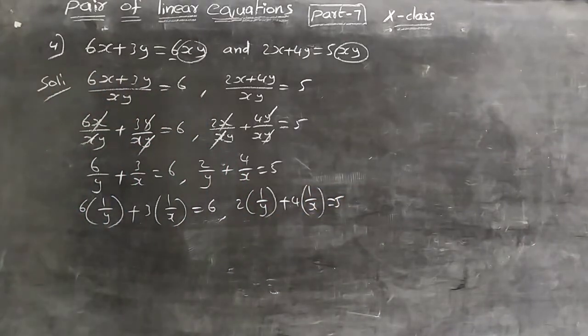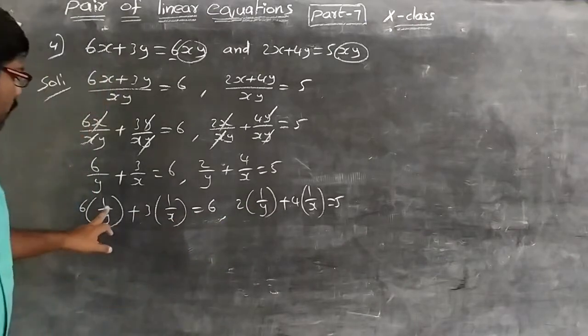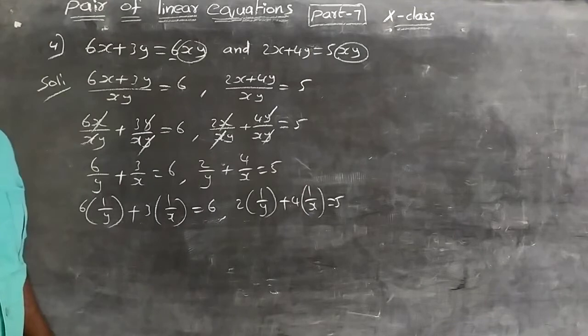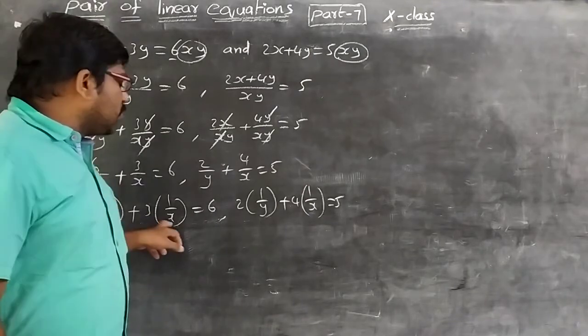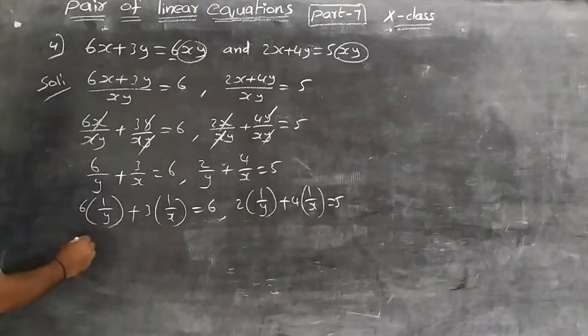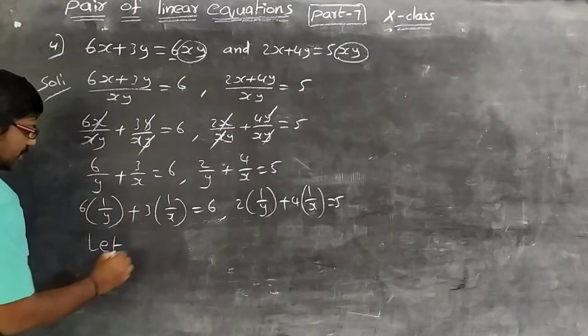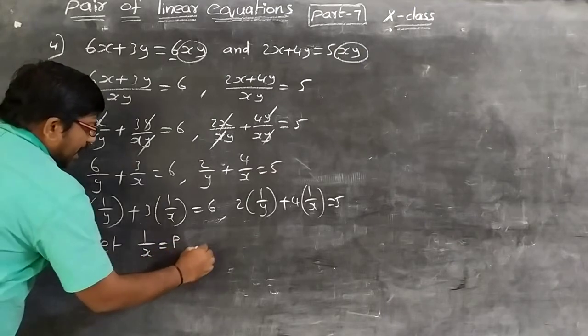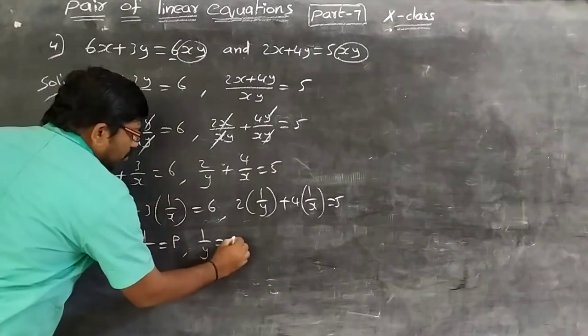So in both equations, 1 by y and 1 by x are common. Now let 1 by x equal to p and 1 by y equal to q. You can take any letters.